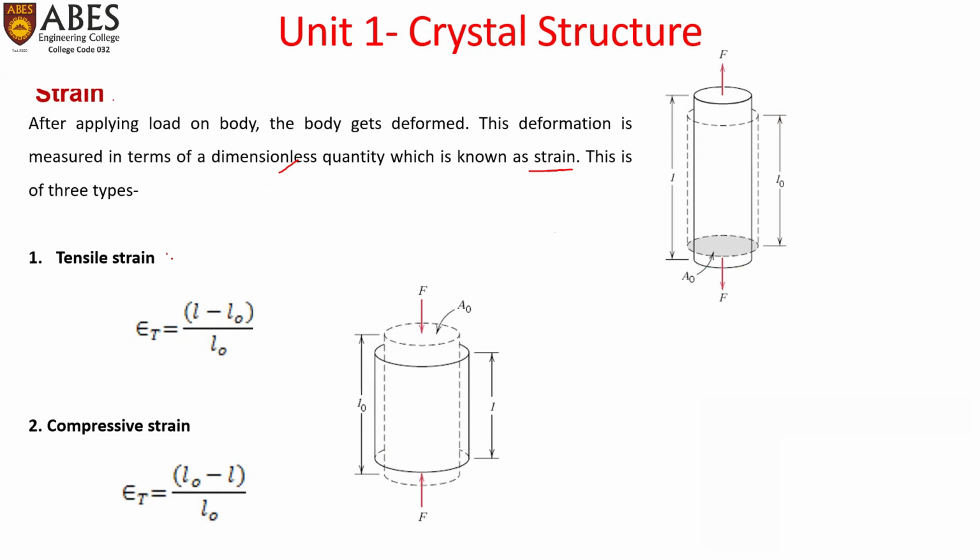While tensile loading, the tensile strain will happen, where tensile strain can be obtained from L minus L naught upon L naught, as we discussed earlier, for tensile loading conditions like this. For compressive strain or compressive loading conditions, epsilon C is equal to L naught minus L upon L naught.